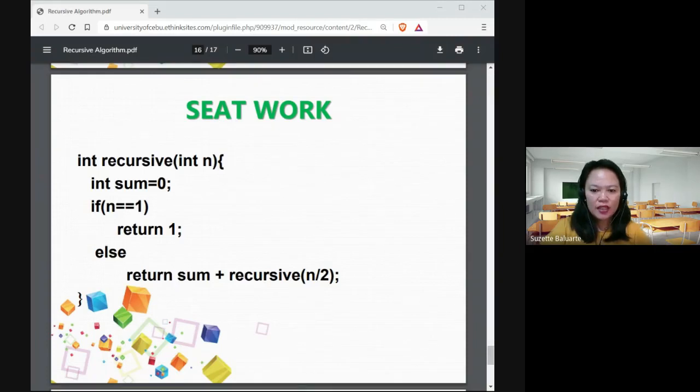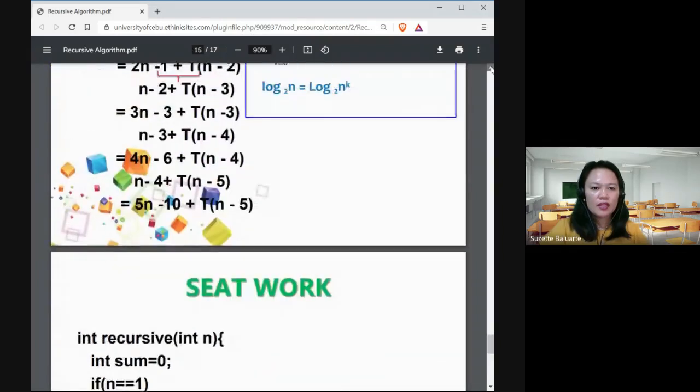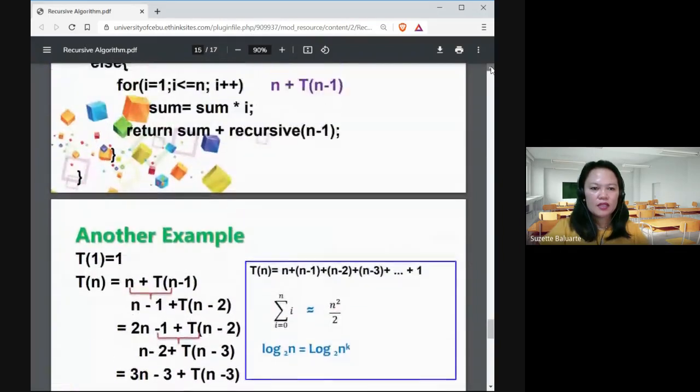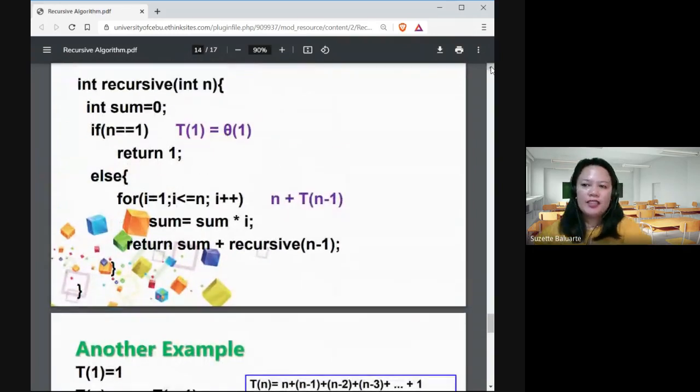Wait lang. Okay. Sige. Kanina example, kana ganing n minus 1, i-change og n over 2. So instead, n plus T of n divided by 2. Sige daw, I'll give you 10 minutes to solve for that.